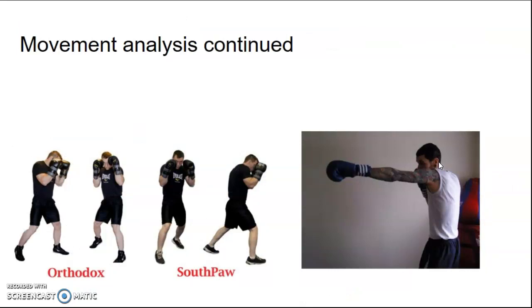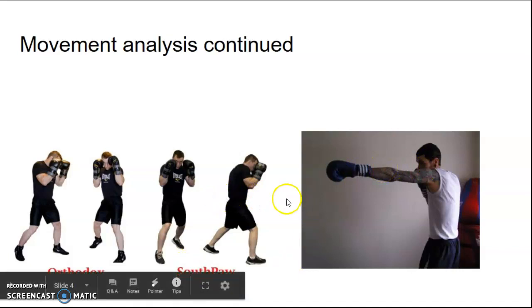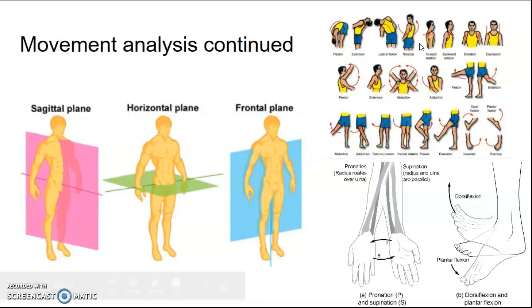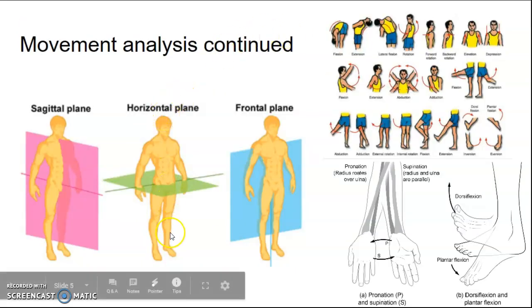Now the next stage is obviously the punch, which is where the legs stay the same. There is a slight rotation on the axial plane, which isn't shown. That is a line directly through the middle.